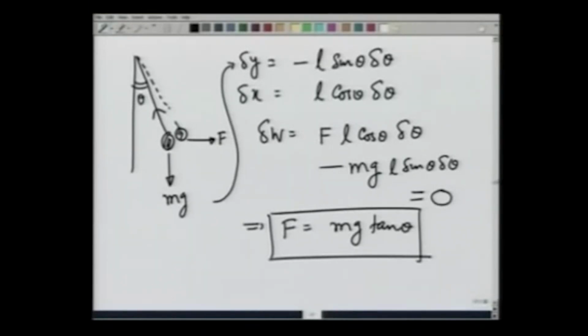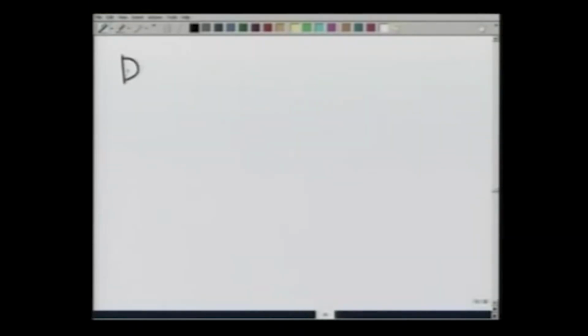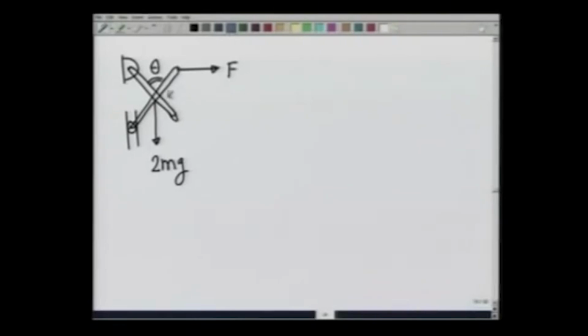Let's take the other example that we took in the beginning with this mechanism here, which is in equilibrium under this applied force F. Its own weight is 2 mg, and the only angle that matters here for the degree of freedom is this theta. Each half of the bar is b.